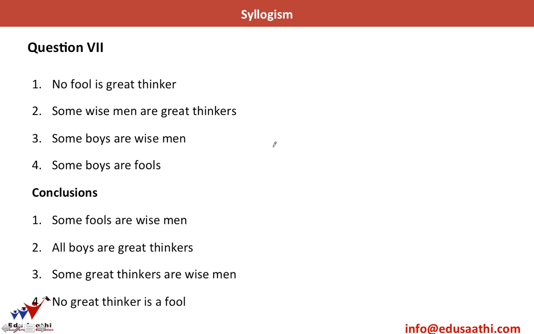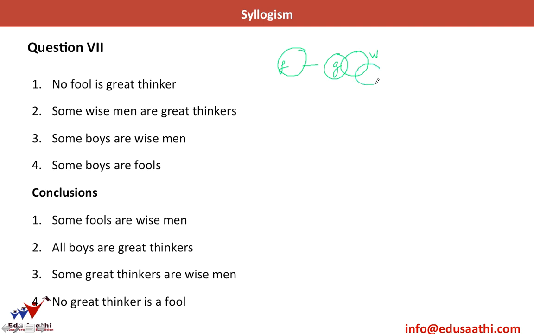Let's look at another question. No fool is a great thinker. So I have a fool here, and then I have a great thinker, and there is no relation between them. Some wise men are great thinkers. So I have some wise men here, and they intersect with great thinkers. Some boys are wise men.